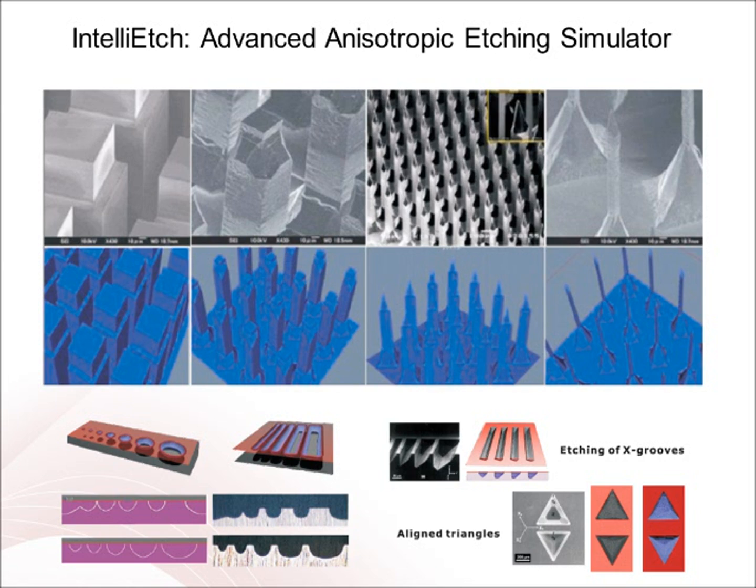Next, we have some standalone tools that are created for specific processes. For example, IntelliEtch is known for its anisotropic wet etching simulation abilities. With IntelliEtch, you can simulate wet etching at higher order planes, and as you can see here, all of the results are backed up by experimental data.